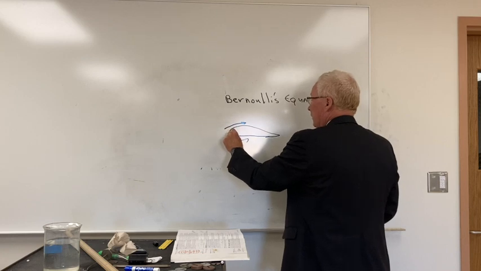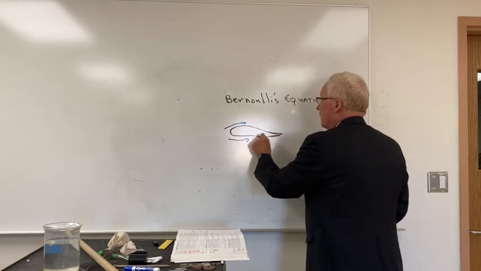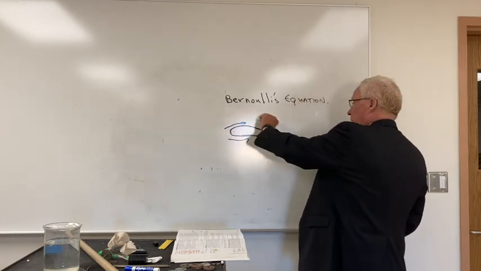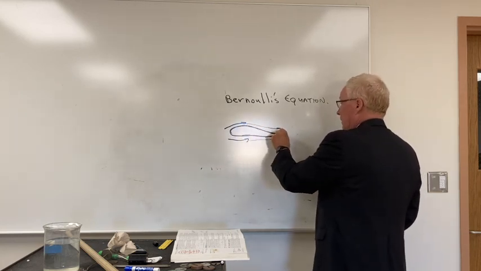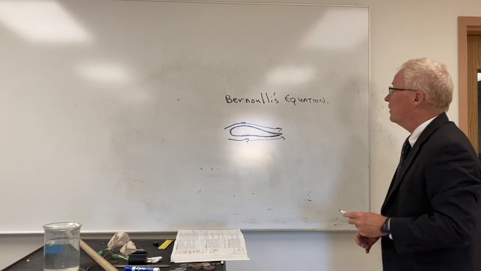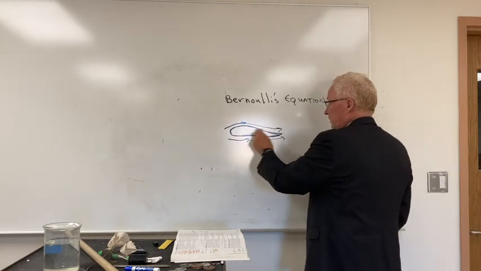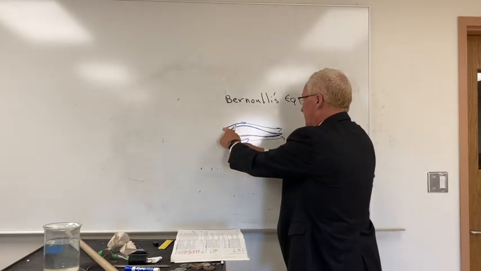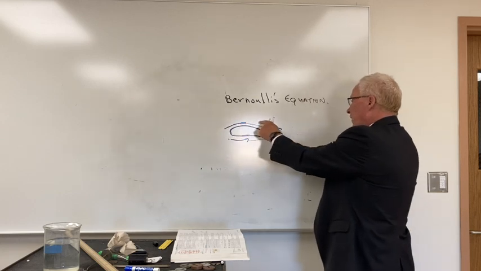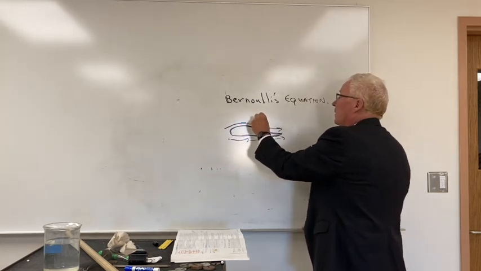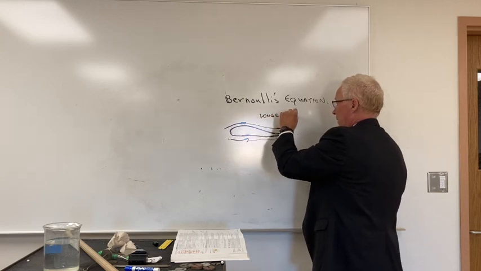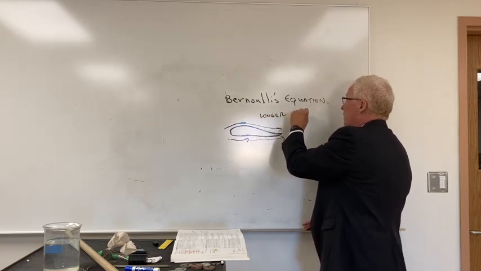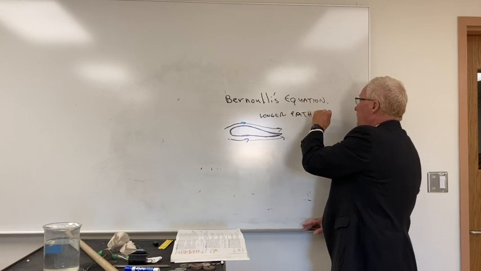So an airplane wing has air that has to travel farther to go over and come back here. So basically it comes here, it's traveling farther to go over here. So a longer path on top.